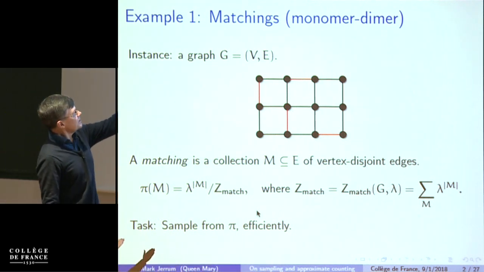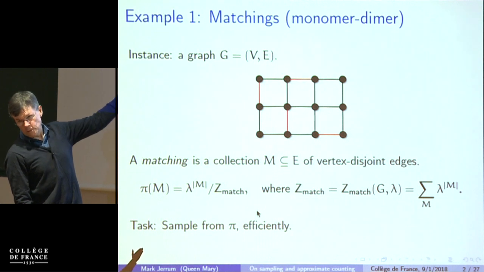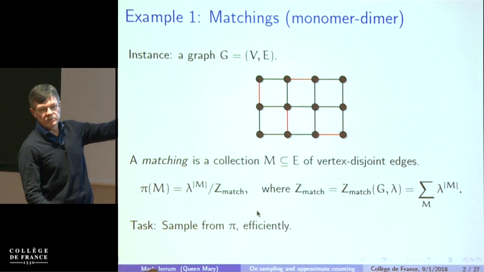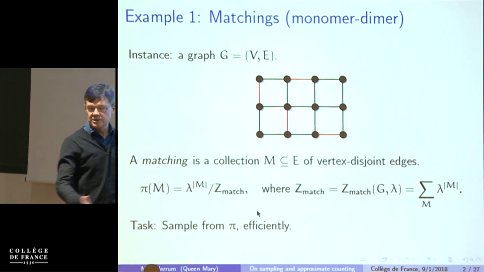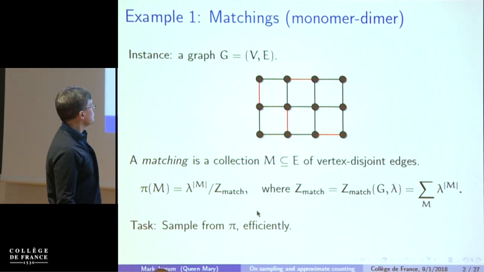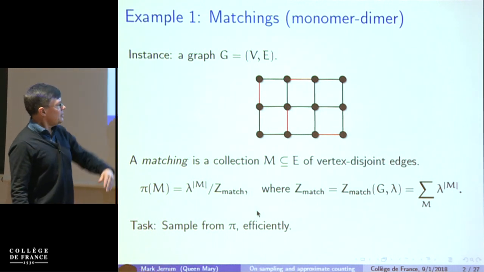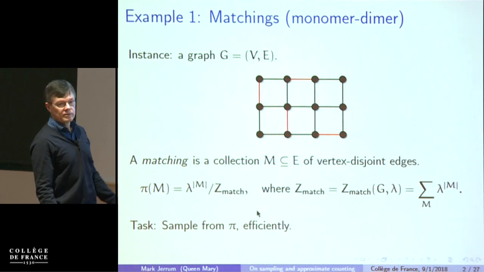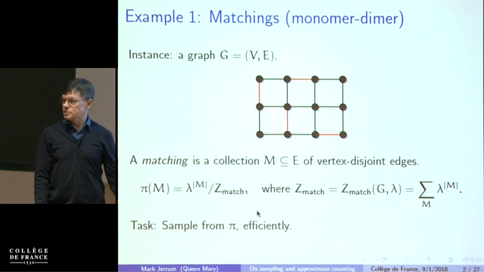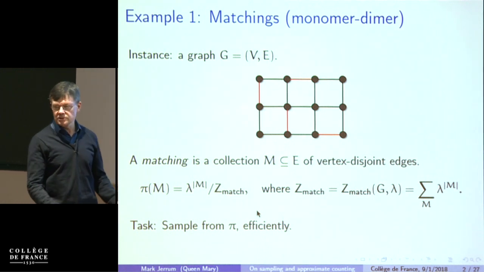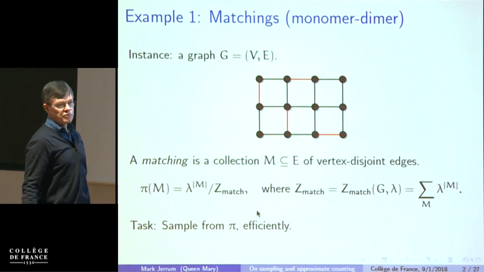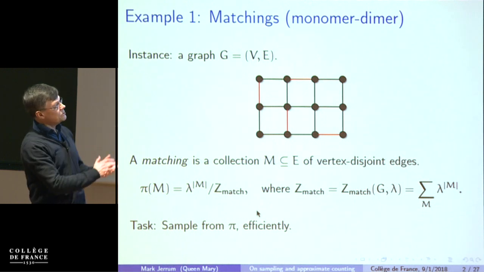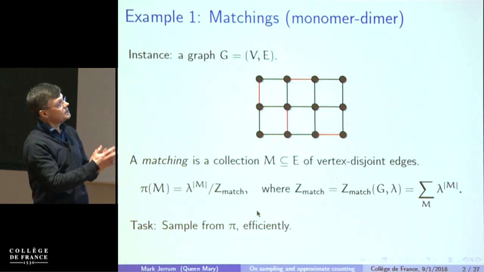So each matching gets a probability, which is its own weight divided by the total weight of things of its kind. That's the initial problem I want to discuss: how do we sample from this distribution? If you like to make it particularly simple, choose lambda equals 1. How would we be able to sample uniformly at random one of those?